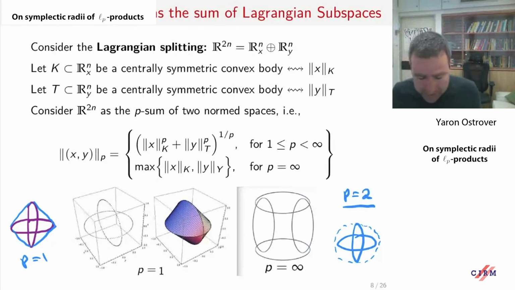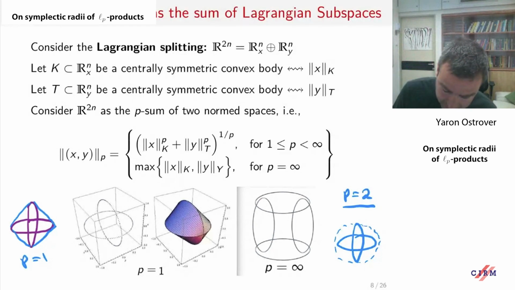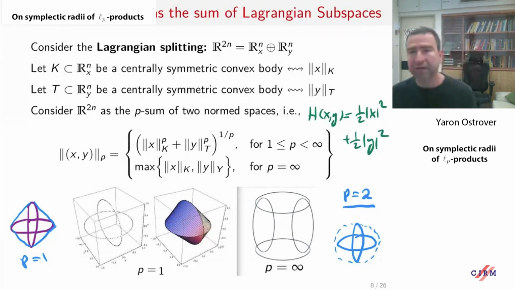And in some sense, this is motivated by Hamiltonian dynamics, in the sense that you can consider Hamiltonian functions of, say, the classical harmonic oscillator. You can think about the classical harmonic oscillator as the 2-sum of two balls or two disks.